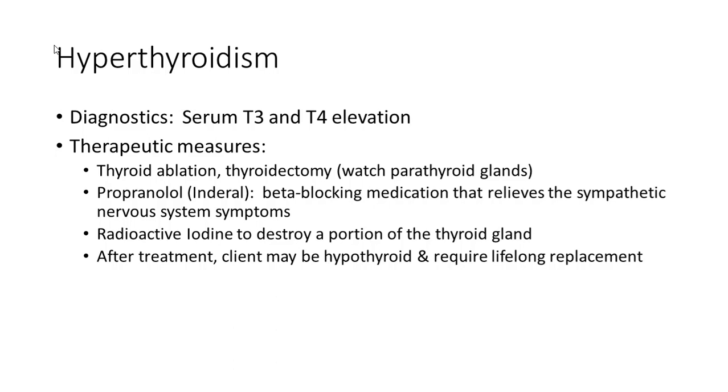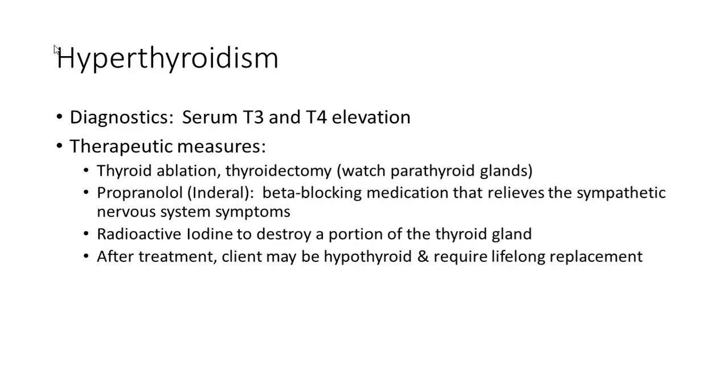Hyperthyroidism, like I said, T3 and T4 are elevated. TSH might actually be low. Could be a thyroid ablation that they have to do, might actually take the thyroid all the way out. Propranolol, which is a beta blocker, will help get that heart rate down. And they might need radioactive iodine to destroy part of that thyroid gland because it's so big.